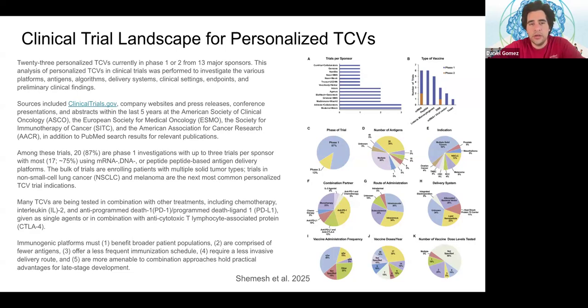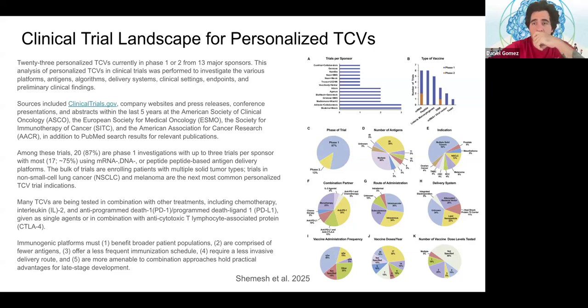Sources include clinicaltrials.gov, company websites, press releases, conference presentations, and abstracts within the last 5 years of the American Society of Clinical Oncology, ASCO, European Society for Medical Oncology, ESMO, and Society for Immunotherapy of Cancer, SITC, as well as the American Association for Cancer Research, AACR, in addition to a PubMed search for relevant publications.